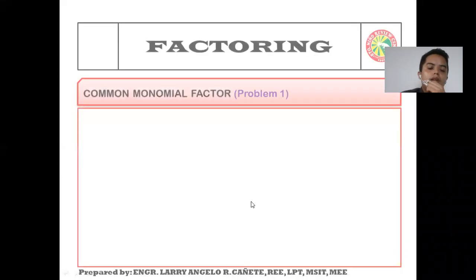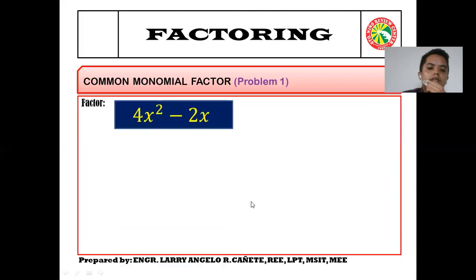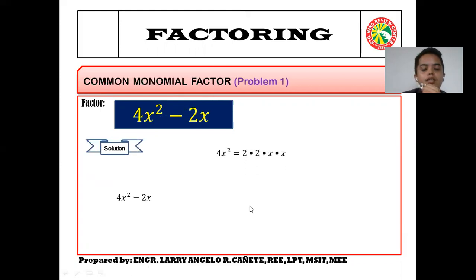So for example, if you are tasked to factor out 4x squared minus 2x, first you solve for the GCF of the two terms or expressions.